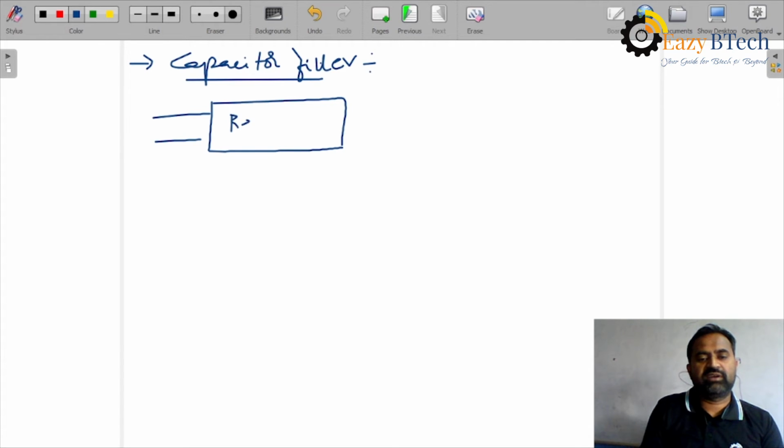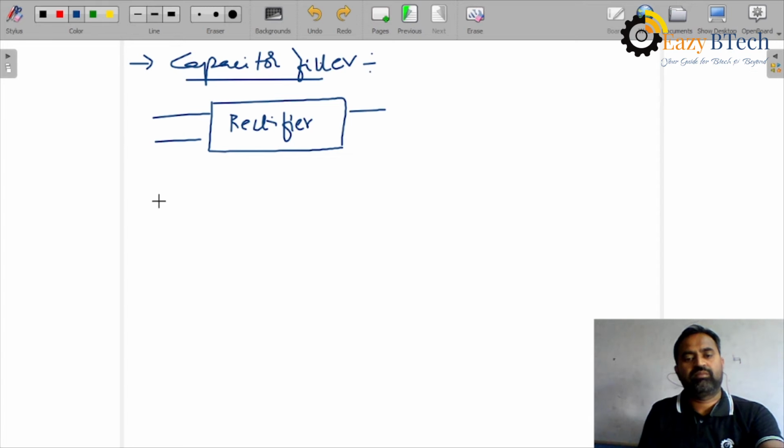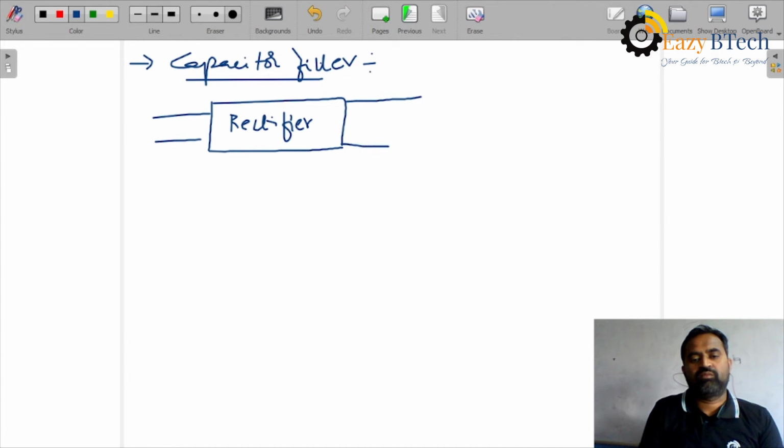A rectifier is connected to a capacitor. Sorry, the capacitor C is connected in parallel, along with the load resistance.